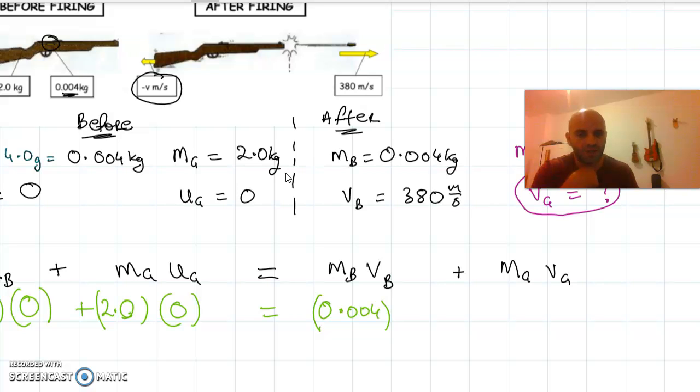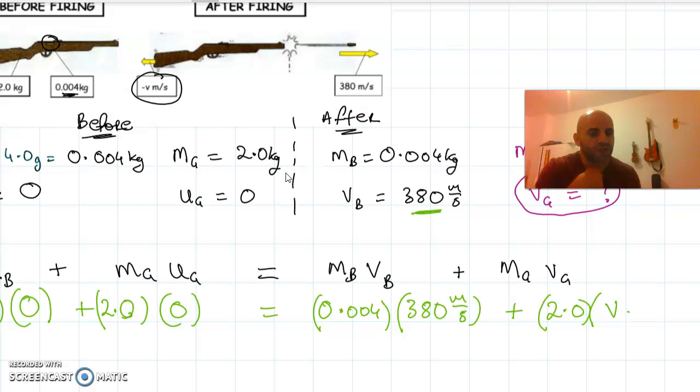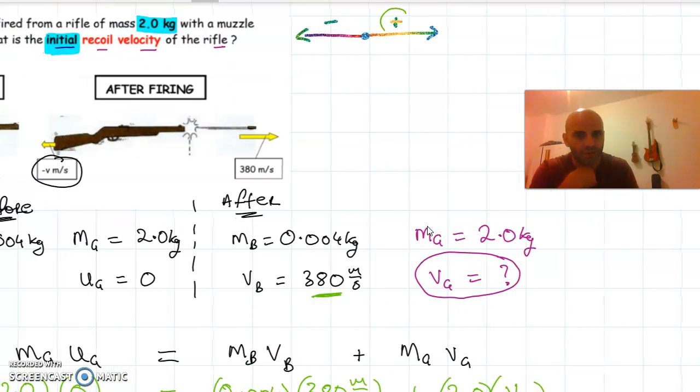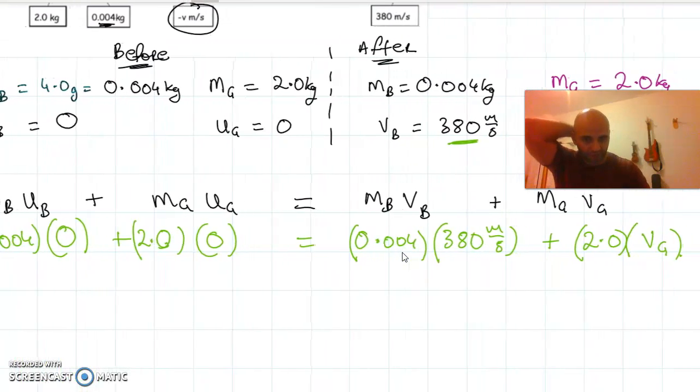We know that the final velocity, or the muzzle velocity, of the bullet is 380 meters per second, plus the mass of the gun, which is 2.0 kilograms, times that final velocity of the gun. Now, because the bullet is going to be moving to the right, like we said, that's going to have a positive sign. So we should be expecting that the gun will be moving to the left, or in the negative direction.